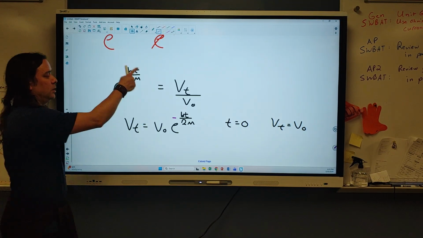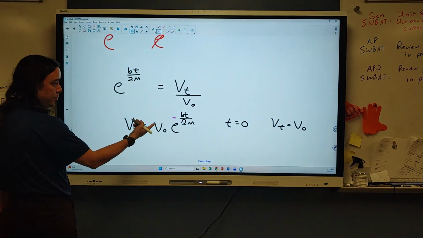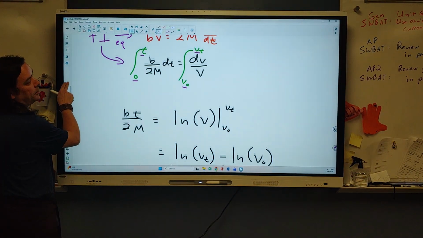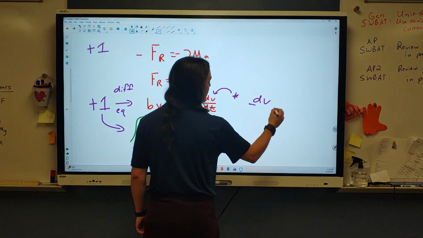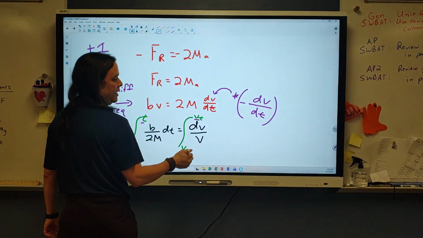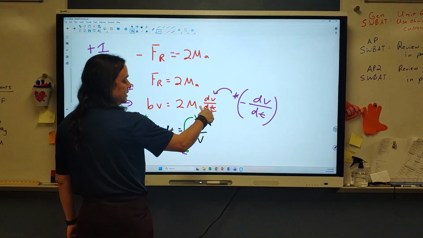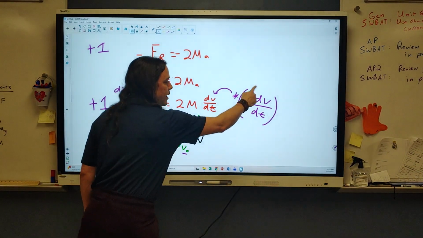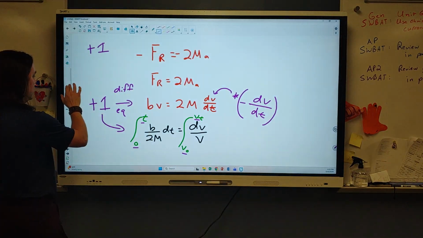My bet is if you did all of this and you actually caught that and put the negative in, you would probably still get full credit. I don't know for certain. Back up here, I had mentioned that we'd come back to this. Here is where I believe the negative actually comes in, and for the reason that I mentioned. The derivative of the velocity as a function of time is decreasing, it is slowing down, so that means that this would have a negative value, and that's where we introduce that.